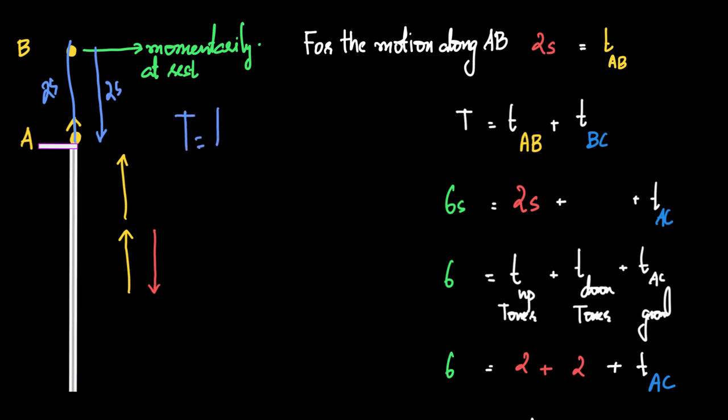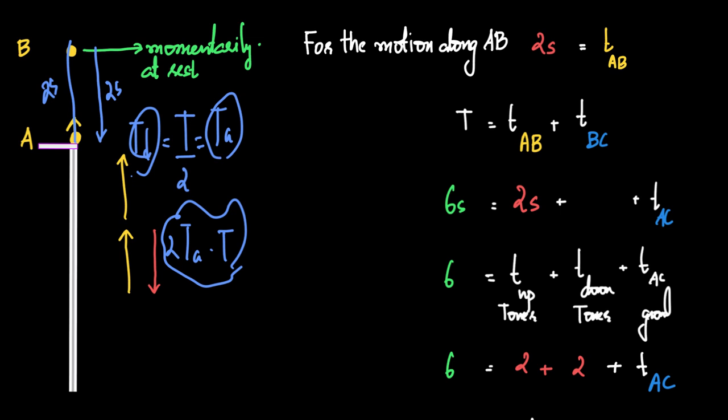Because time of ascent is equal to the total time of flight by 2, and is the same as time of descent. In other words, 2 times time of ascent is equal to the total time of flight. So time of descent and time of ascent are equal. If time of ascent from A to B is 2 seconds, from B to A will also be equal to 2 seconds.